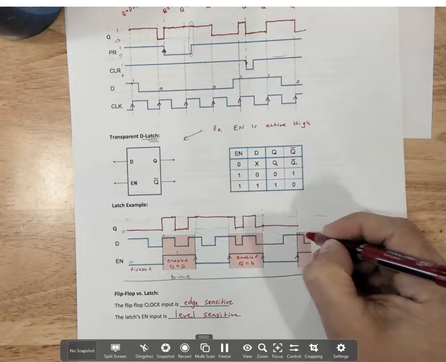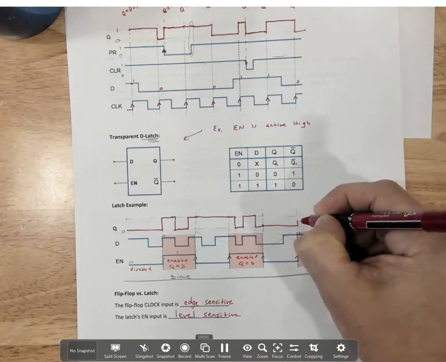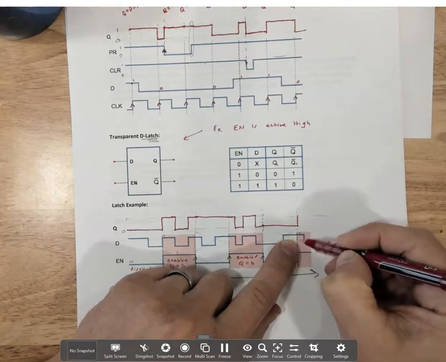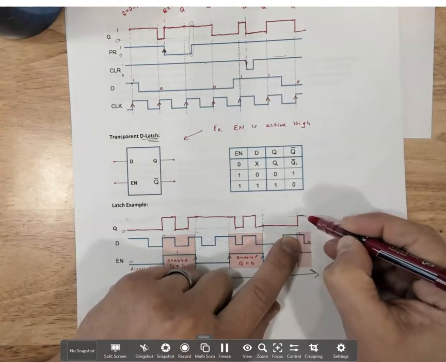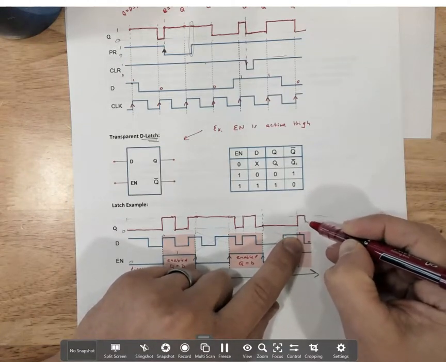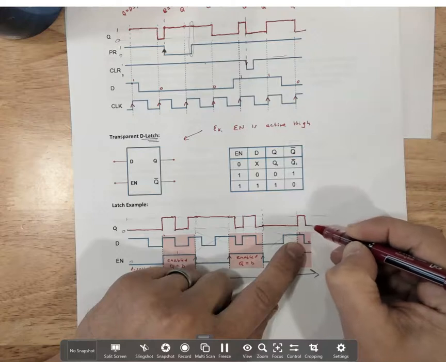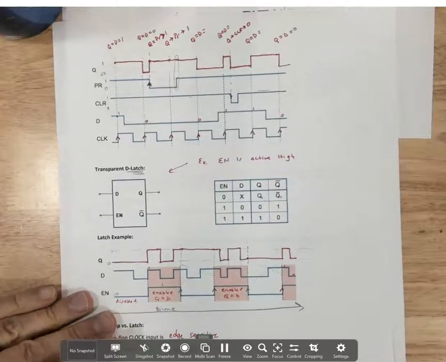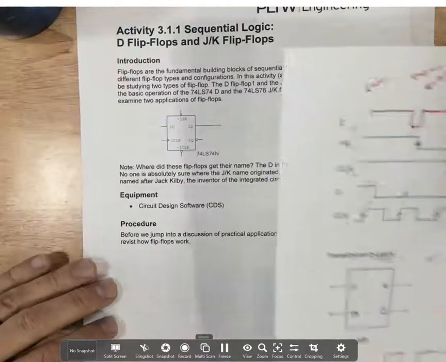D is 1 there, 0 there, so we're going to shoot up to 1 because we've got to match D, and then follow D. D goes down right here to 0, and that's the end of our sample graph. So that's a latch. And that is the end of your notes.